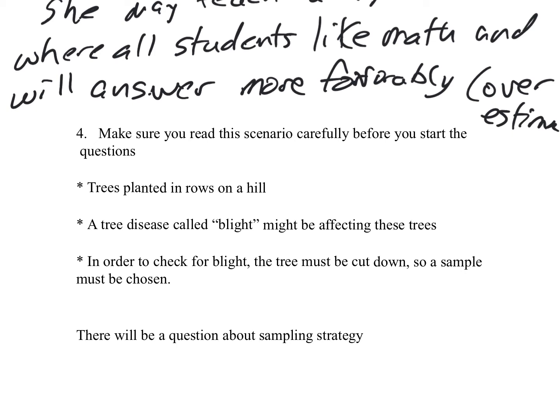But in order to do so, you have to select a what? A sample, exactly. You have a whole bunch of sampling techniques. So obviously, there will be a question about a sampling strategy. I will explain it in words. I will type it out, just like I did before with the other ones. You read it and say, oh, he's using this one.